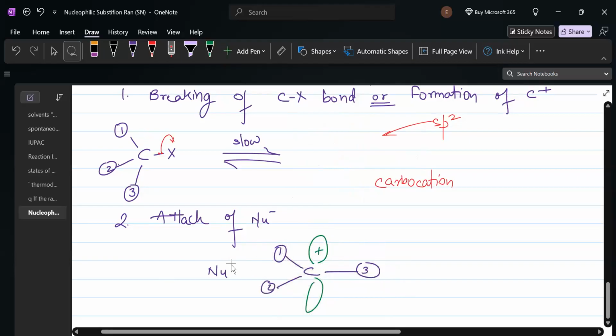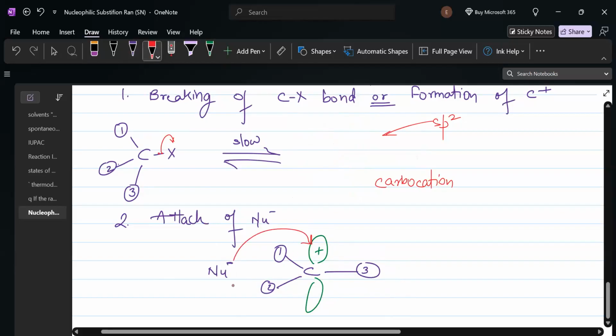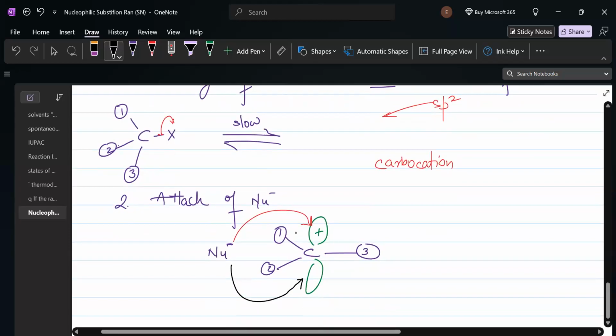This is a nucleophile, so it has the option to attack on this side also, or this side also. And draw with a different color. The nucleophile can attack from this position also, this position also. Why? Because this is in a plane. Okay.